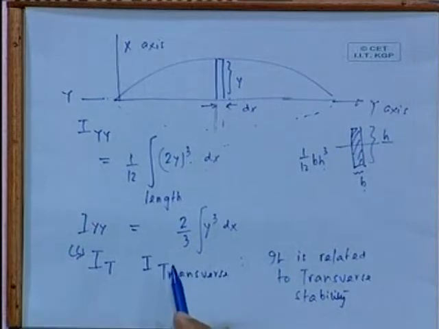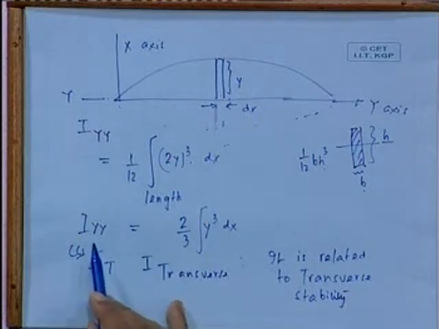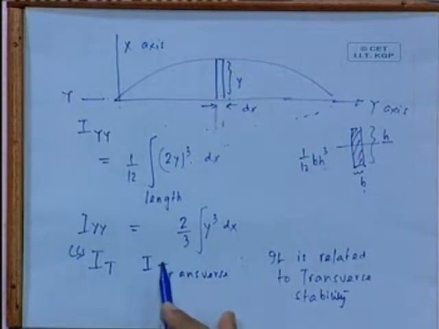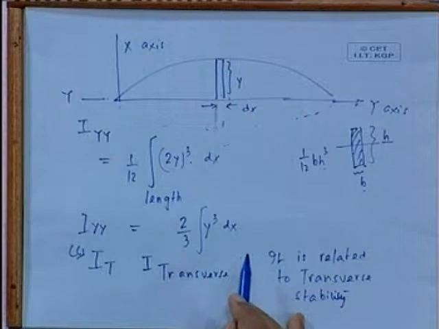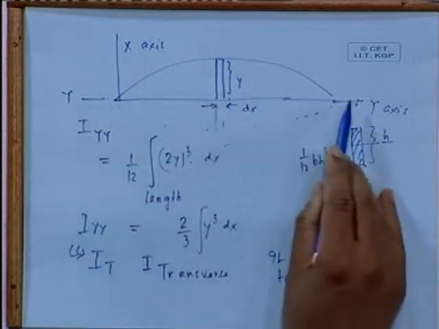Okay, so at this point I will end the first lecture here by emphasizing very strongly that please recognize that in our literature we will be calling it a lot of times I transverse, IT, etc. in all books, but IT implies actually the moment of inertia about the longitudinal axis.